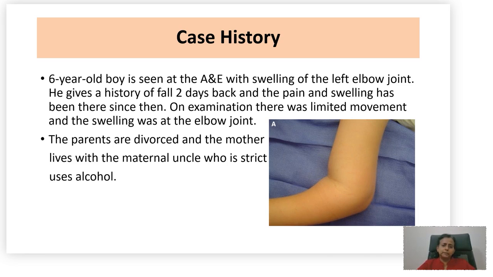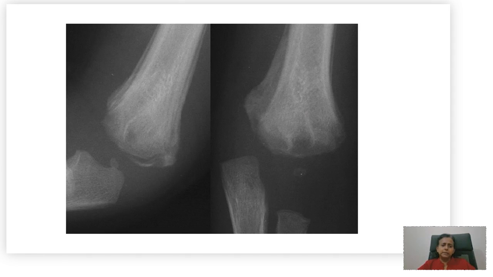So you can see the deformity of the elbow, and if you look at the x-ray you will see clearly the bucket handle type of metaphyseal fracture you commonly see. And when you see this, always remember that you have to suspect child abuse.